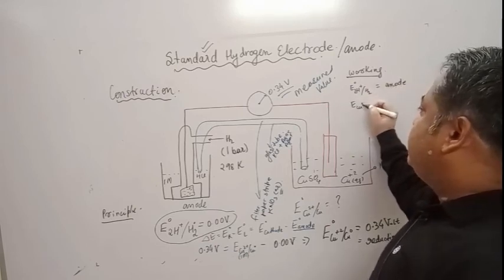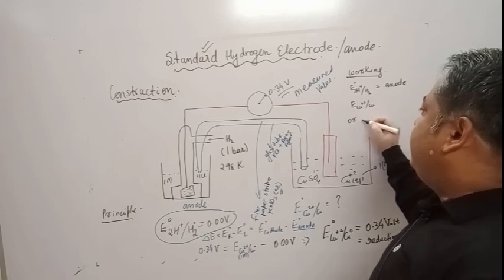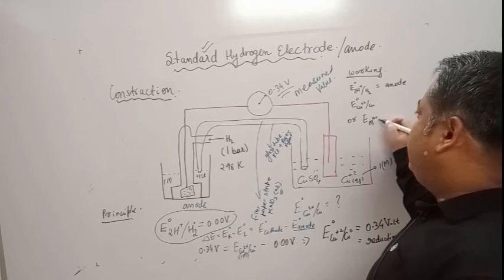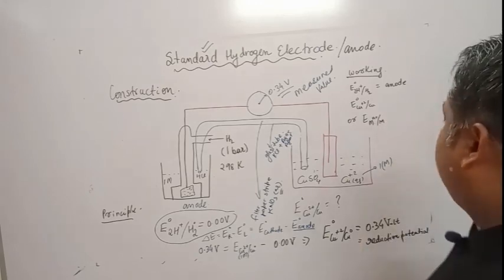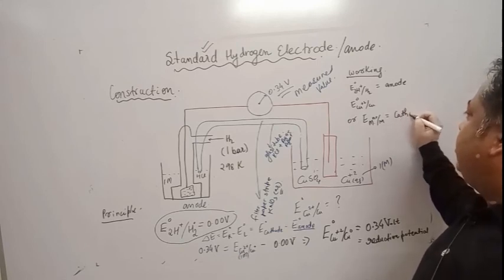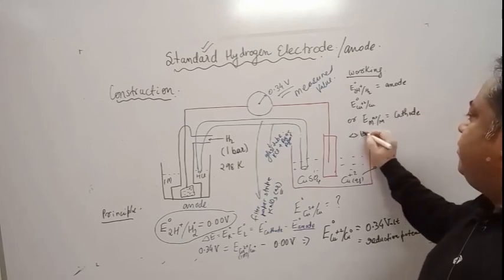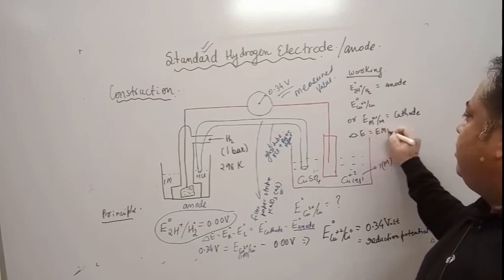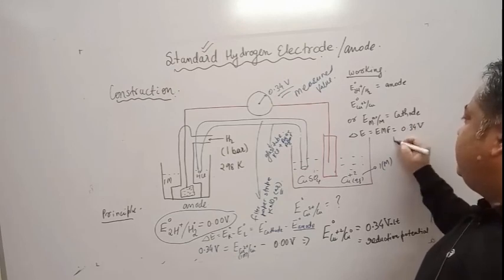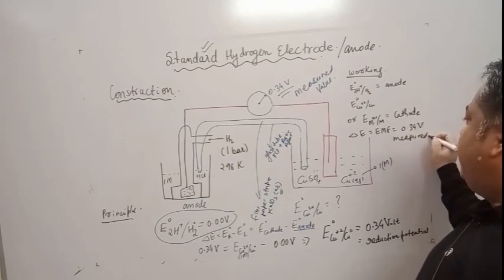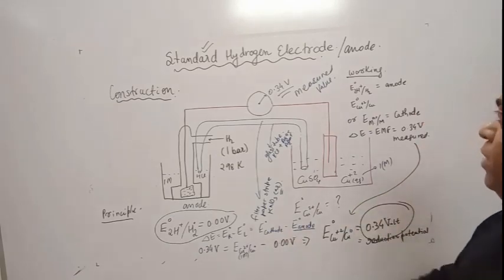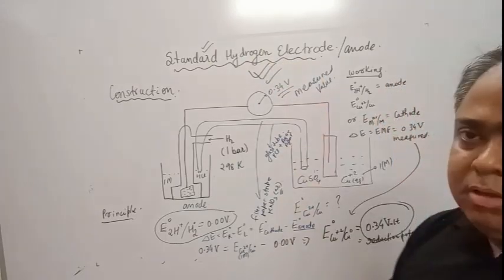The electrode Cu2 plus Cu, or any metal M, is equal to cathode. So the net EMF is equal to 0.34 volt measured, and we put this value in this equation and we get the value. So in this way the standard hydrogen electrode works. Thank you.